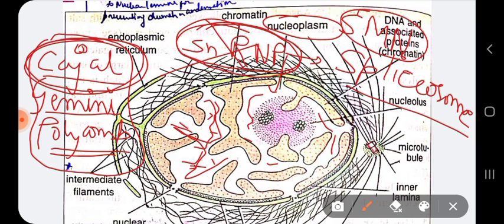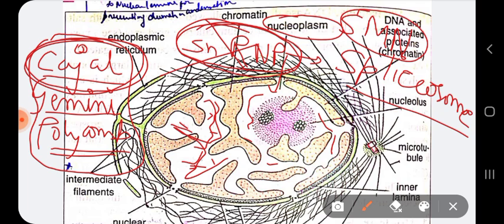So they are involved in biogenesis of small nuclear ribonucleoprotein, whereas the Cajal bodies are involved in assembly of these small nuclear ribonucleoproteins.